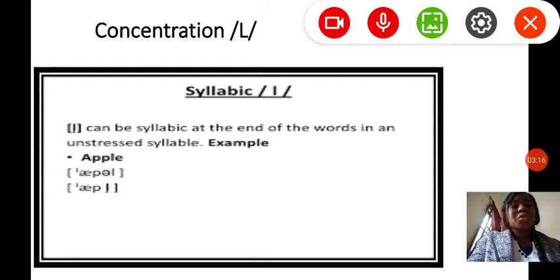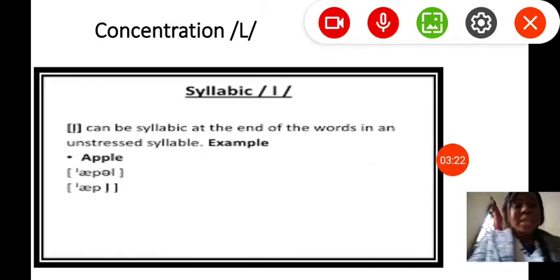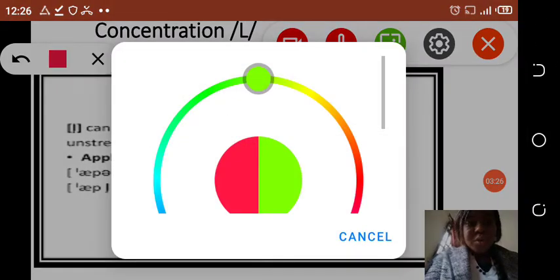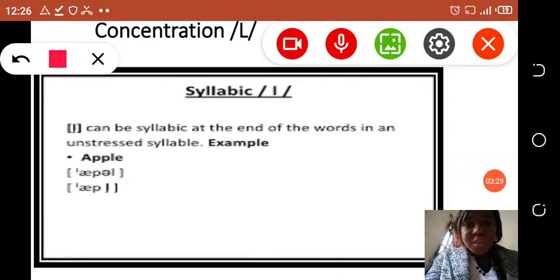You see there is no schwa sound here because that l sound is a syllabic consonant. Therefore, when you transcribe, it becomes insignificant, or when you pronounce, you just have to say apple, apple. And in this word, we have 2 syllables.